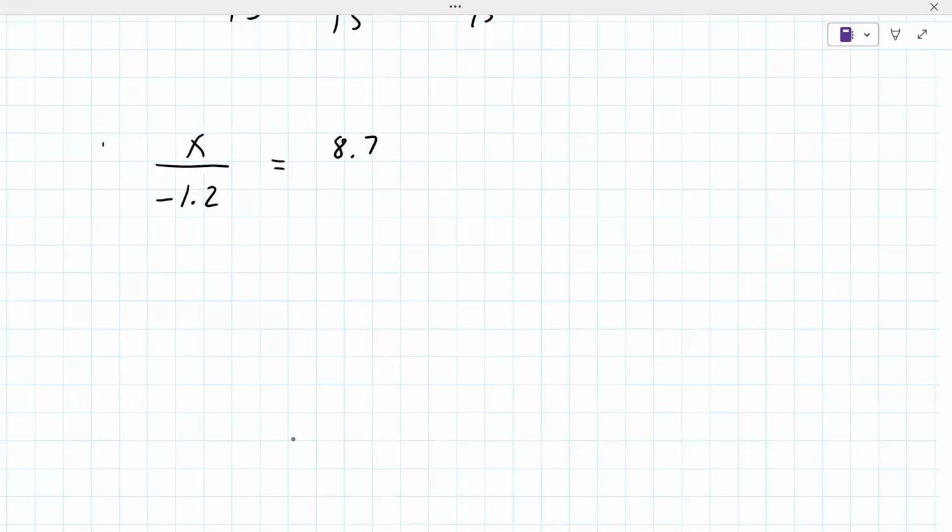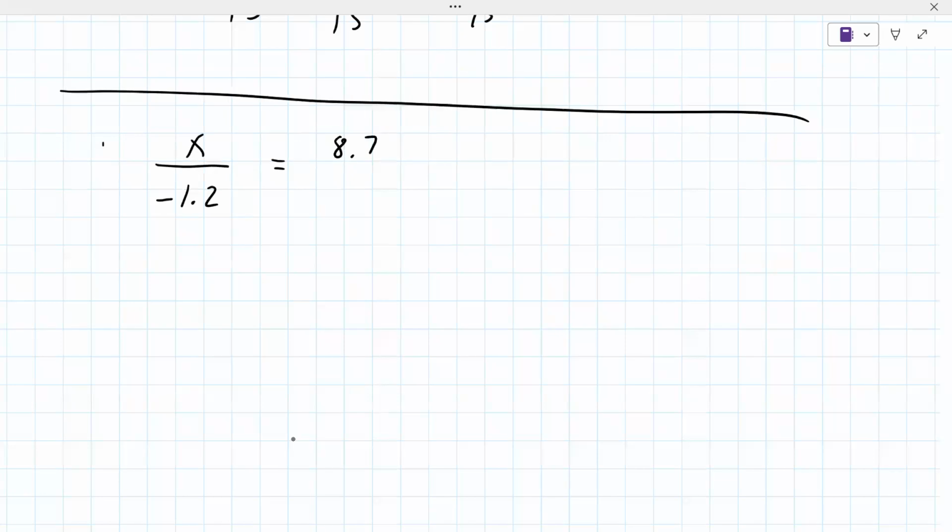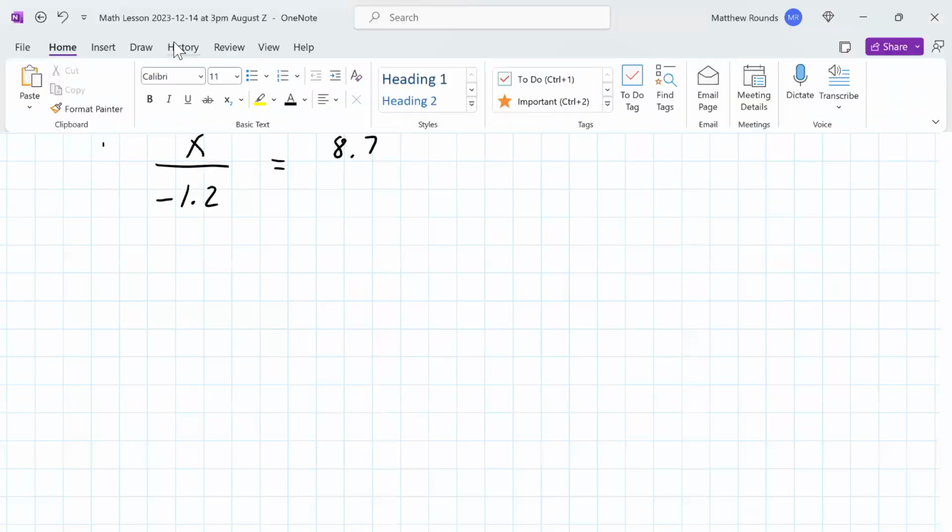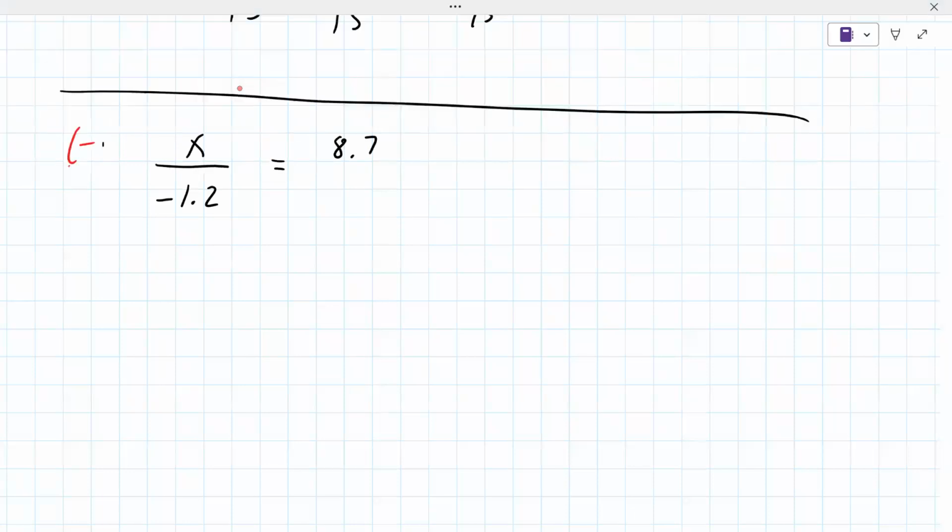Okay. How do you undo division by a number? Multiplication. Yeah, so you're going to multiply both sides by negative 1.2. Okay.